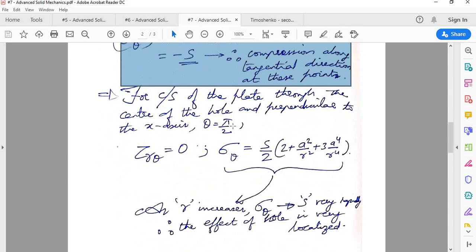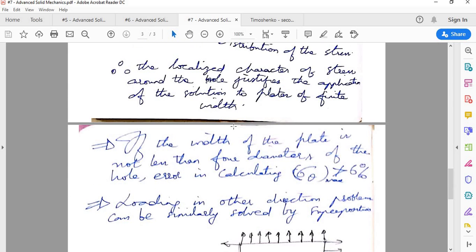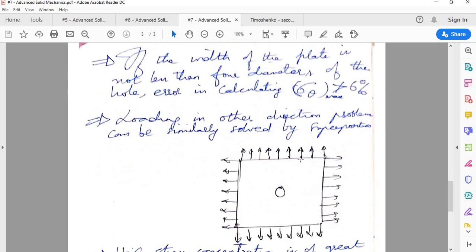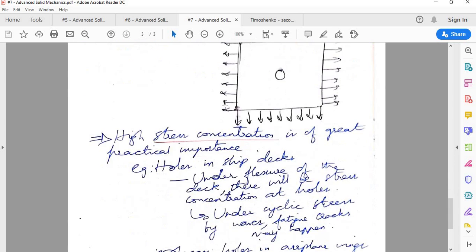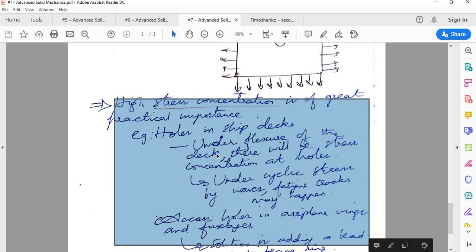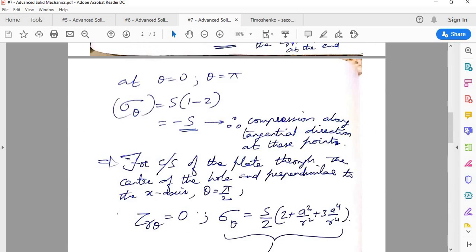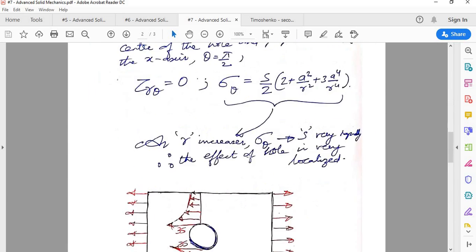So I can ask you something based on that also. And that is basically it. I can also ask you some theory behind the application of stress concentration, or the applications of these formulas where we have a plate with a hole.